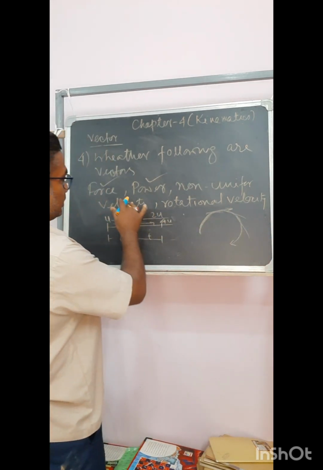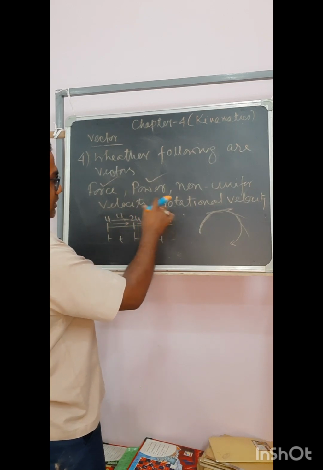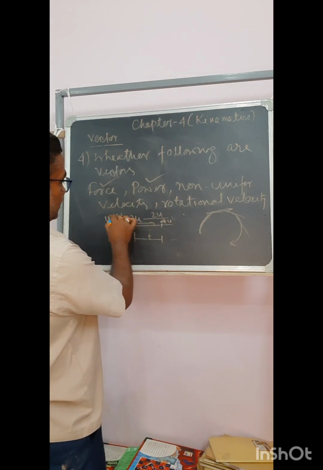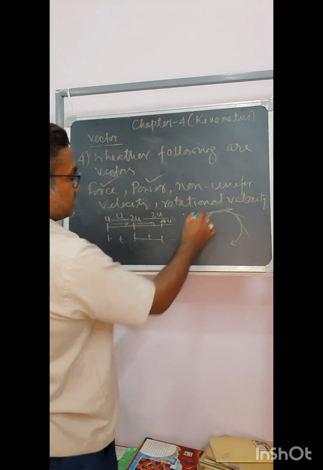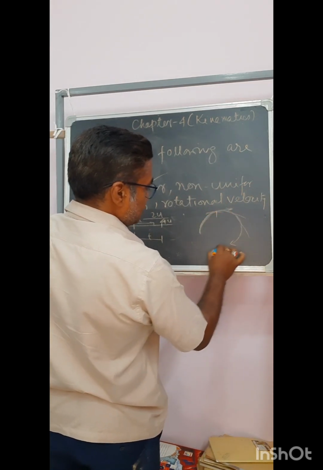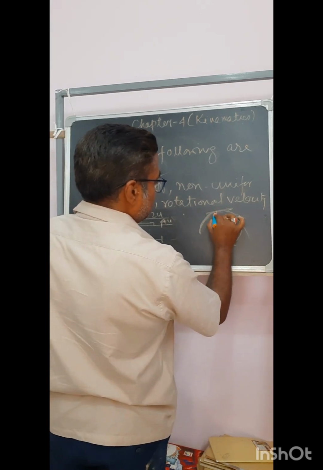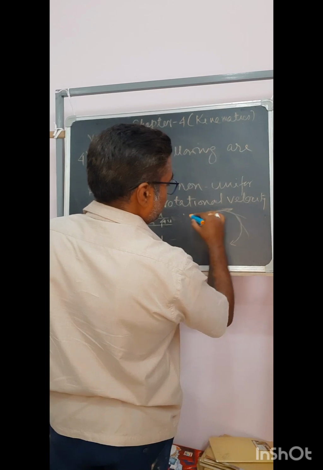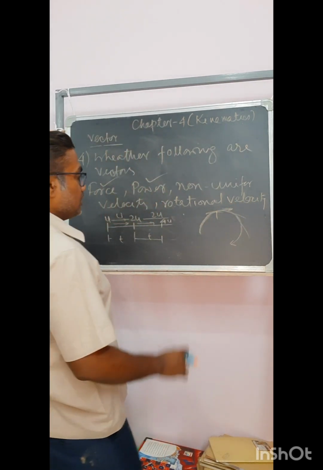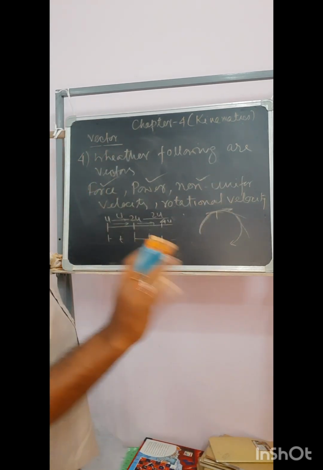So we cannot say that it doesn't have a direction. It has a value and it has a direction, that is linear. Even if the velocity is changing constantly, instantaneously that velocity vector has some direction. So in this case also, non-uniform velocity is a vector.